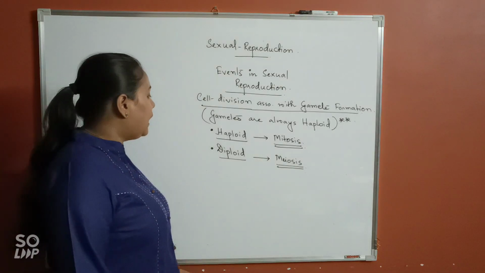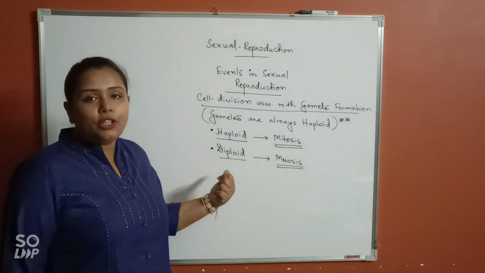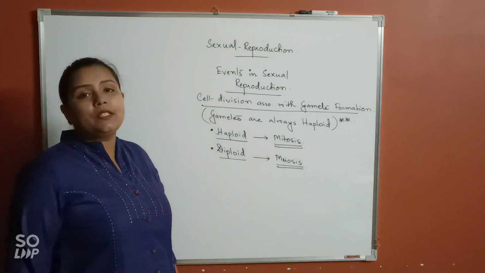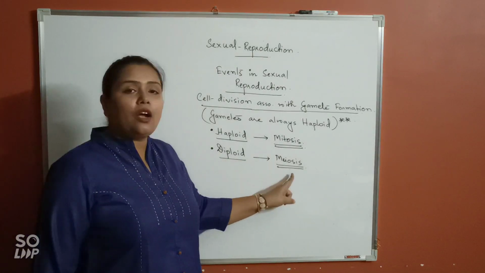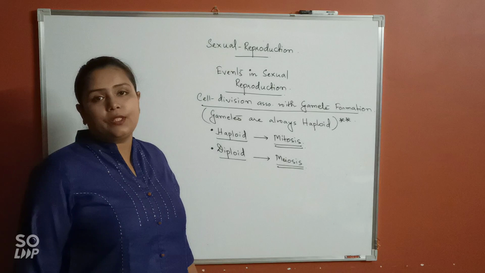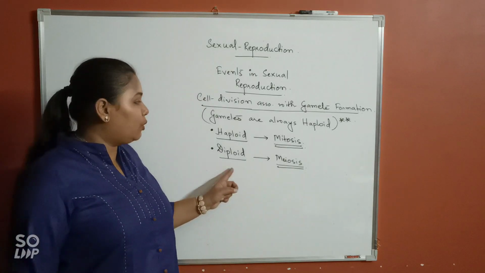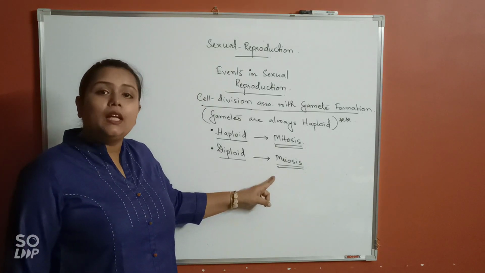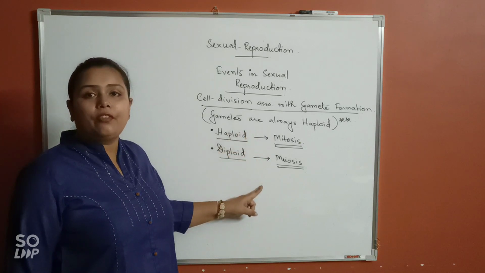Now for the diploid organism, on the other hand, because the organism is diploid, it undergoes reduction division or meiosis to produce the gametes. So they undergo gametic meiosis. This is the important difference.